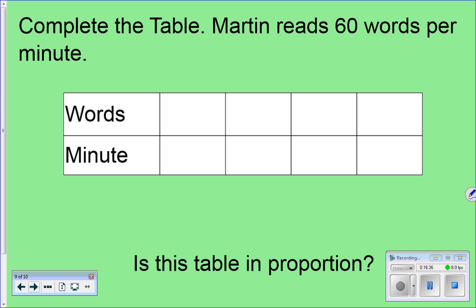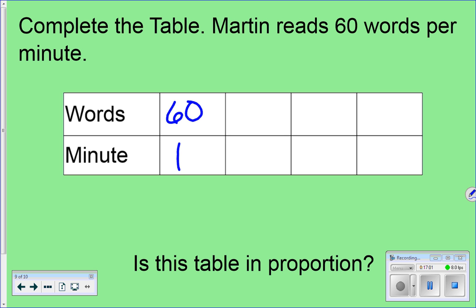This is what your homework's going to have today. Now listen closely. They're going to give you a table, and you have to fill it in. But there's a lot of reading that's along with this. For example, it says complete the table. Martin reads 60 words per minute. Do you know the unit rate now? Okay, so fill in your unit rate. I know it's 60 words in 1 minute. Then it's your job to figure out the rest of the table.